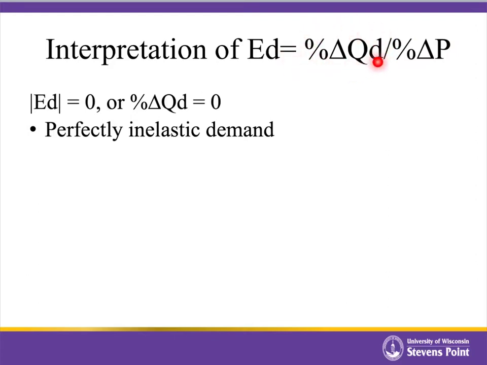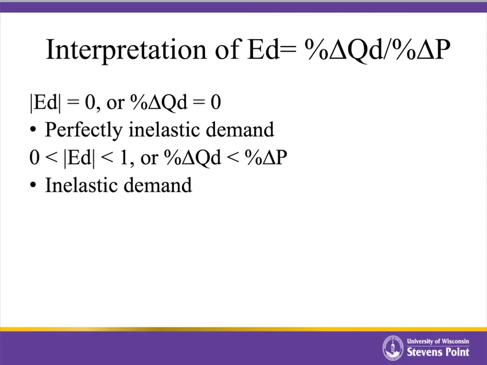So an elasticity measurement of 0 would imply that we simply don't see any change in quantity demanded regardless of what happens to price. That would be like the medical necessities that I talked about in a previous lecture. Regardless of what happens to the price, we try to keep our quantity purchased exactly the same because of some basic necessity. So in that case, we would say that we have perfectly inelastic demand. Quantity never really responds to the price changes.